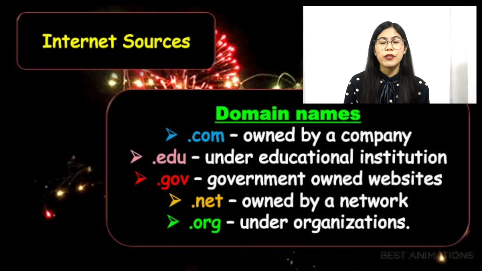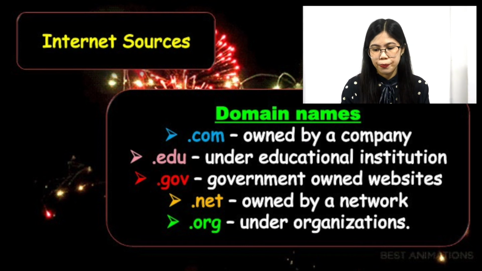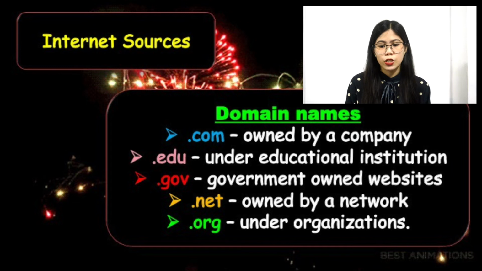Some authors get information available on the internet. For you to know if his sources taken from the internet are reliable, look at its domain names. The domain name can give you a clue regarding the site's motivation and objectives. If the link has .com, it means that the domain name is owned by a company.